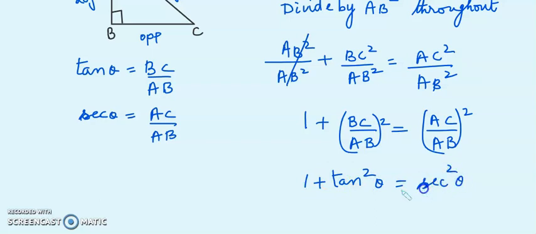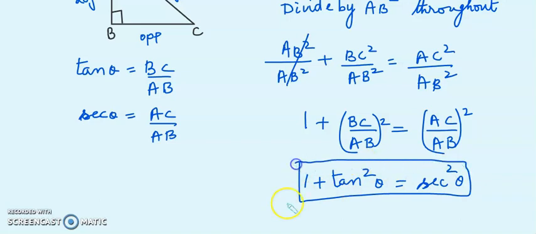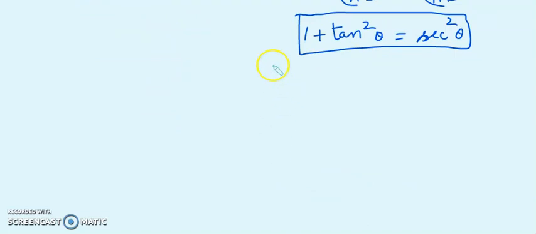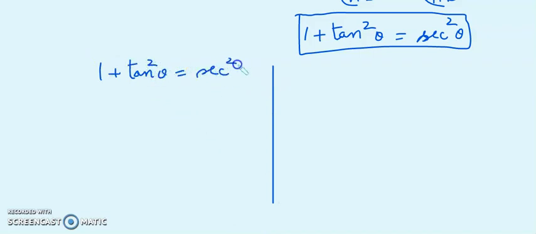That is our second identity. Again, as we got 4 subparts of the first identity, here also we can write 4 of them. First, I'll shift the tan square to the right side, so I'll get 1 equals sec square theta minus tan square theta.